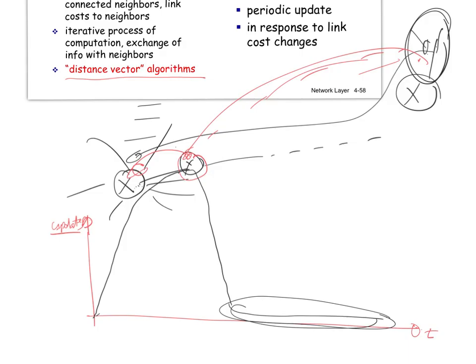For distance vector, it's something like this. It's periodic, and it has to be continuous. Why? Because I can never trust that the distances that come from these routers are really the minimum distance, since I don't have a global view.